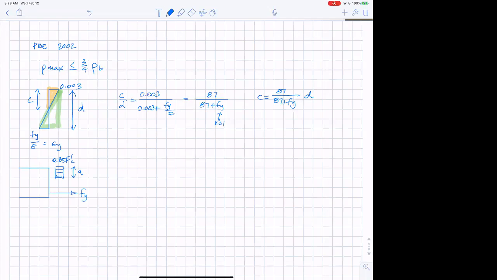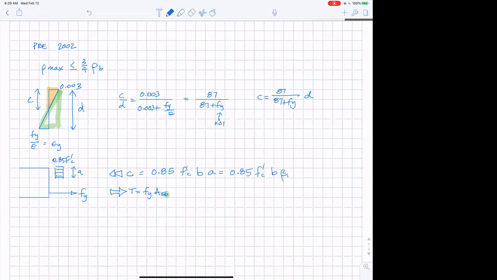And so you have C, and you have the tension force, T, Fy, and we're putting in the balanced amount of steel. This is the perfect amount of steel to make that neutral axis be exactly 87 over 87 plus Fy D. The compressive force is 0.85 F prime C, B times A, and A is just beta 1 times C. We've gone over the Whitney stress block before.